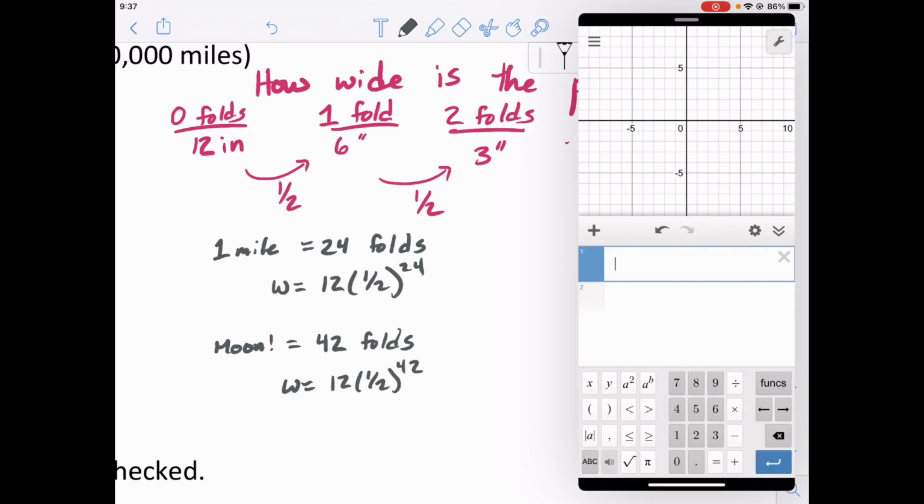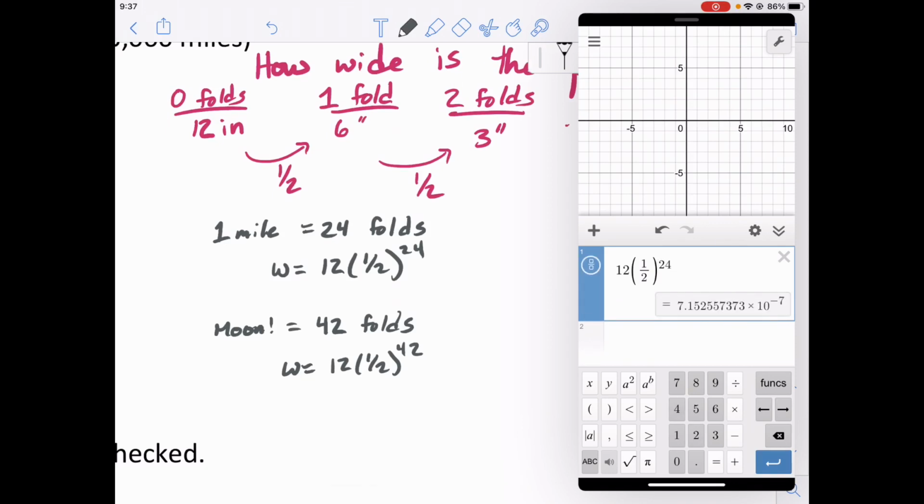So we've got 12 times 1/2 to the 24th. So when we fold it for our mile, our paper is, let's say, 7.15. I'm going to ignore the rest of the times 10 to the -7th. Let's go ahead and get our moon. So this one is 2.73 times 10 to the -12.